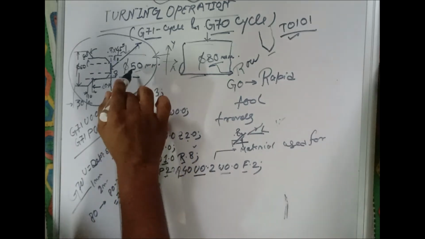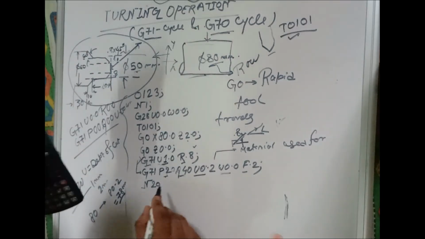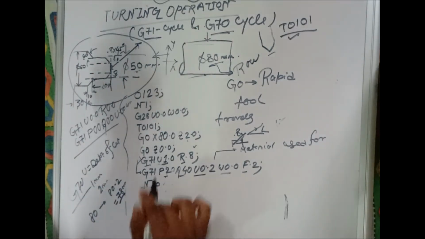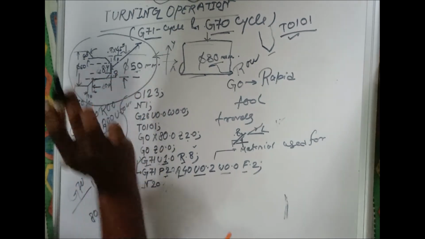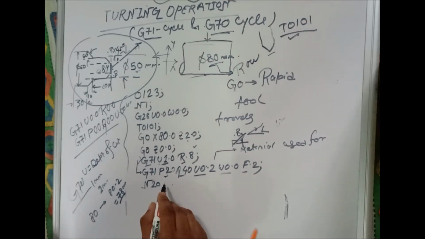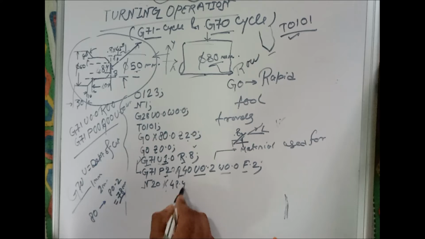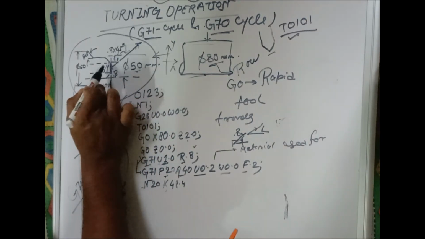After subtracting 50 minus 0.8 into 2, the value is 48.4. Right? The value 48.4 is the starting value. Okay, so X will start from 48.4. This is the point, 48.4.